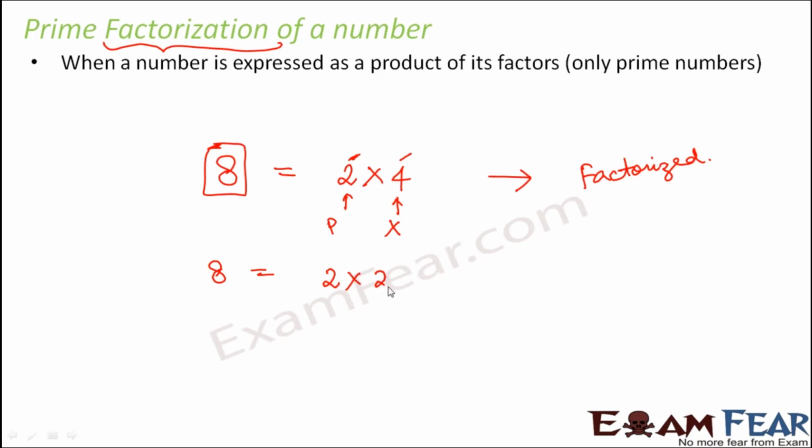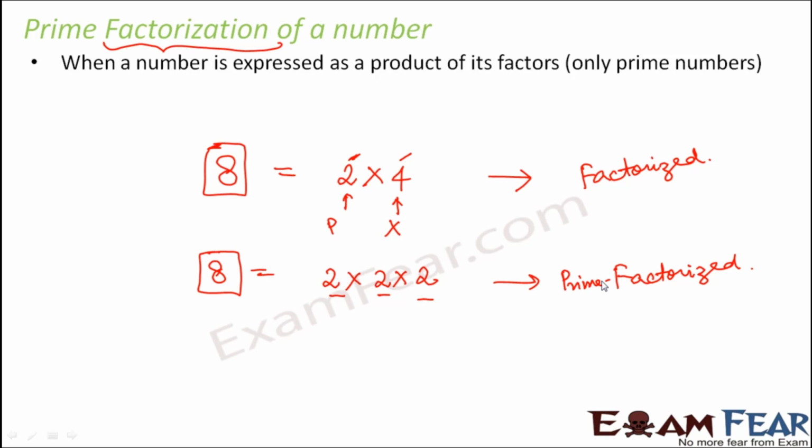If we write 8 as 2 into 2 into 2, in this case also we have written 8 as a product of its factors, so we have factorized 8. But now all the factors are prime numbers. So we can say that we have prime factorized 8, or this is called prime factorization of 8.